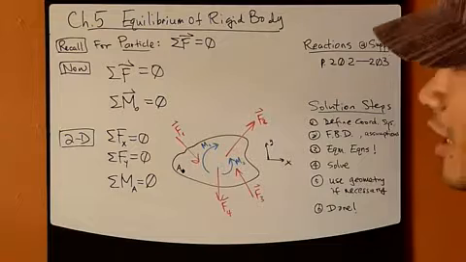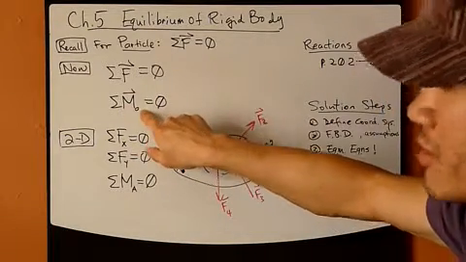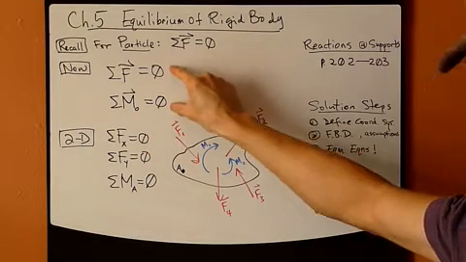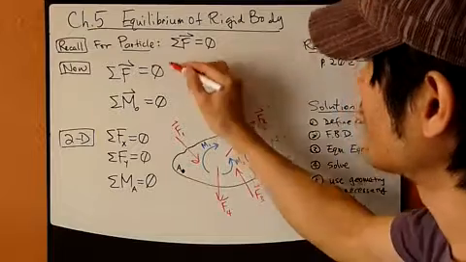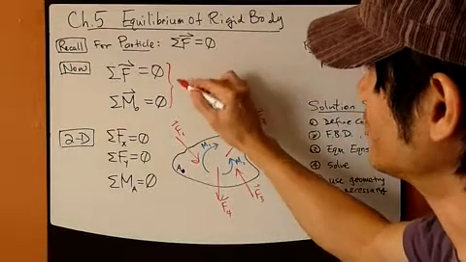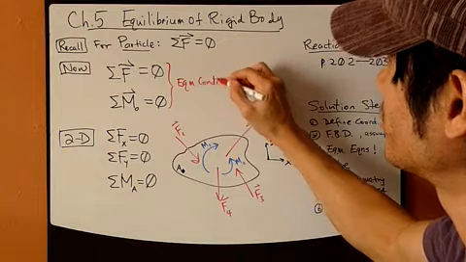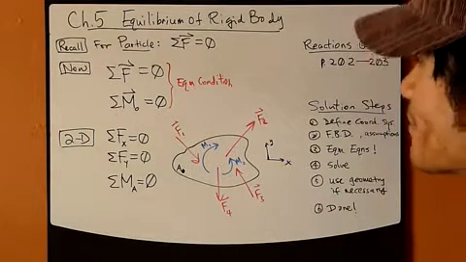It doesn't matter, as long as you sum the moments about some point, and they all go to 0. So these two equations together give you the equilibrium condition for a rigid body.